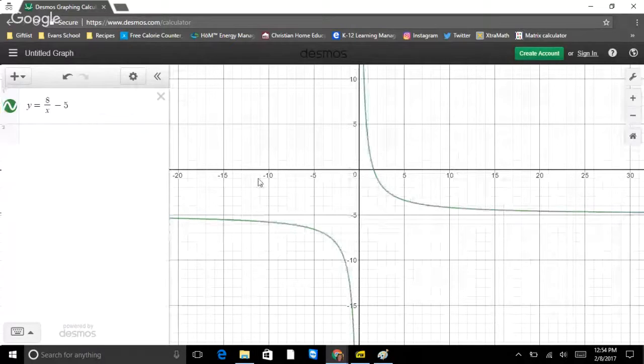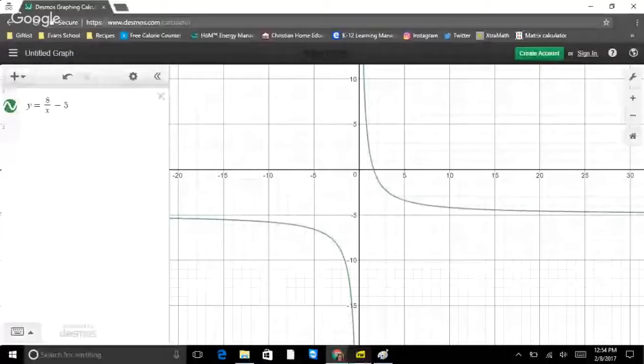Look at my domain. My domain is my x's. So I have -20, x can be -10, -5. When I get to 0, x equals 0.